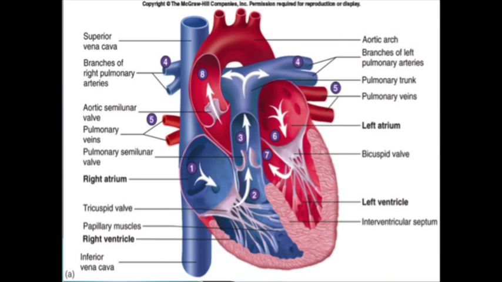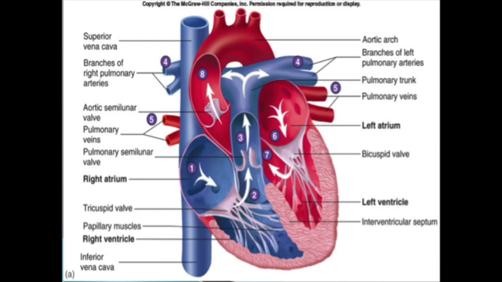When the blood is pushed by the right ventricle, it will open the pulmonary valve in order to push the blood towards the two lungs for gas exchange.